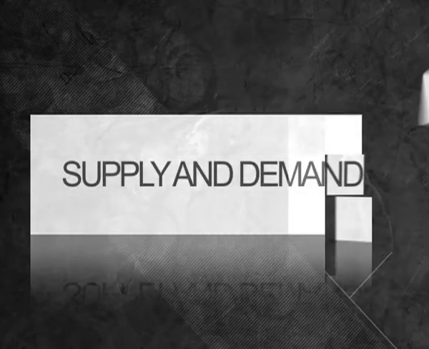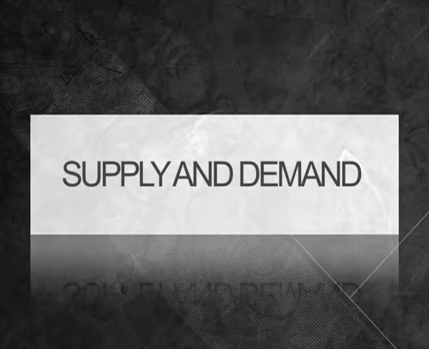But before we go into details, it is very crucial to understand the term supply and demand. In microeconomics, supply and demand is an economic model of price determination in a market.